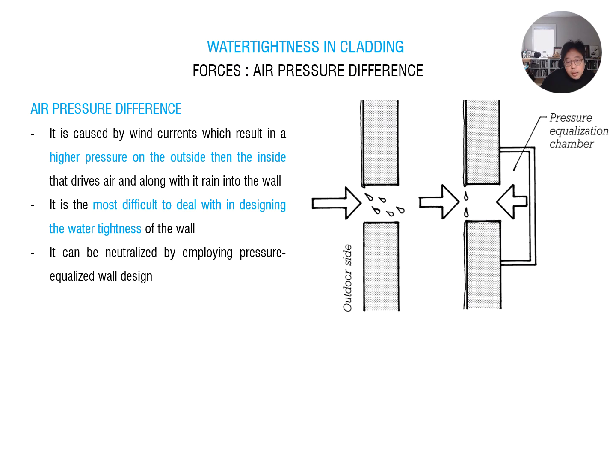And of course, with these considerations, now you have to be concerned about air pressure difference. Air pressure is one of the most difficult things to deal with in designing for water tightness, because wind pressure on the outside keeps driving air and water into the wall.